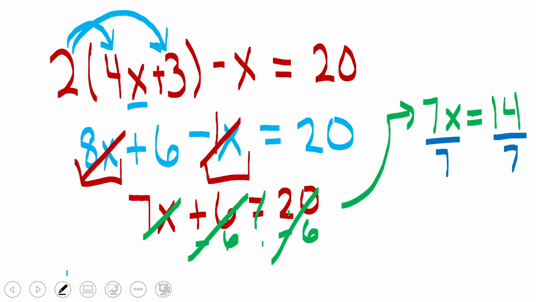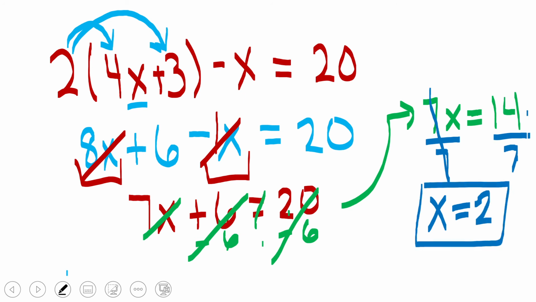Keep equivalency on each side of the equal sign by doing the same operation on each side of the equal sign. This goes away because it's like 1 times x. In the identity property of multiplication, that says x is by itself now. And remember, the fraction bar is a division symbol. 14 divided by 7. We solved for x.